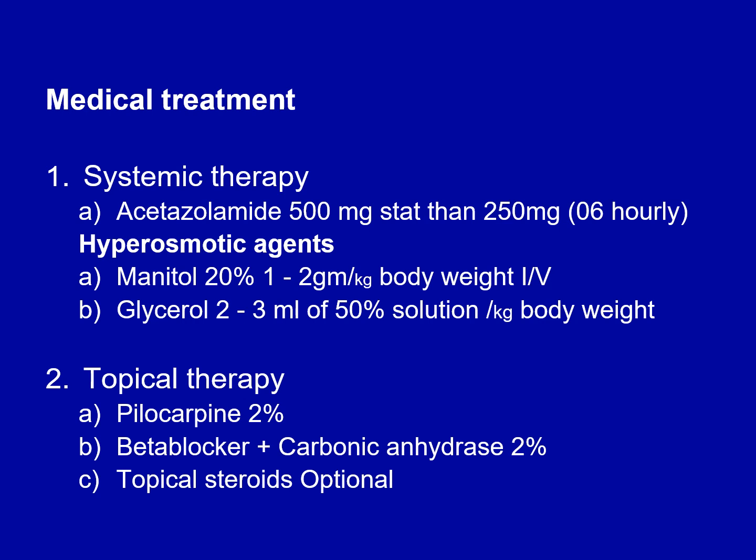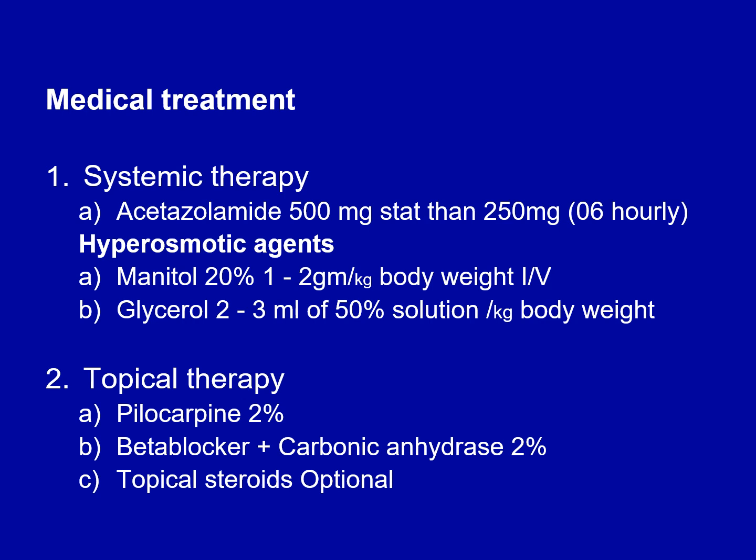In the systemic therapy, you give acetazolamide 50 milligram stat IV or orally, followed by 250 milligram 6 hourly. You can also use hyperosmotic agents, mannitol 20%, 1 to 2 gram per kg body weight intravenously, and you infuse 60 to 100 drops per minute over the next hour or two.